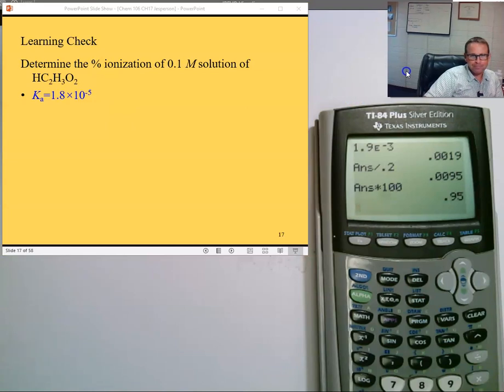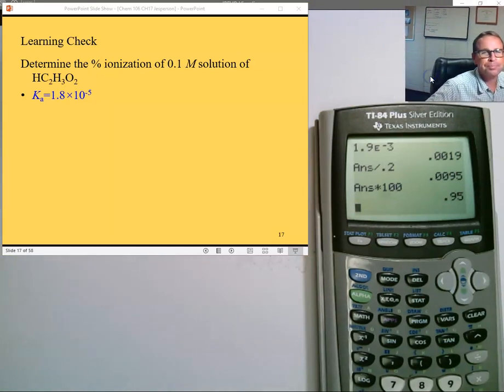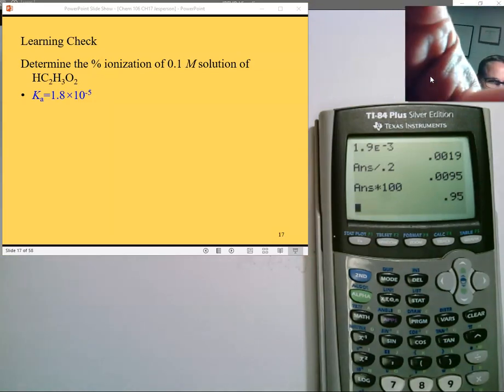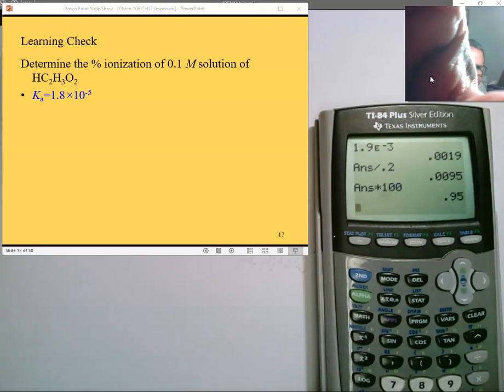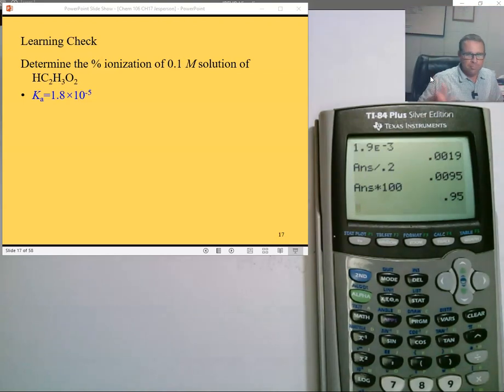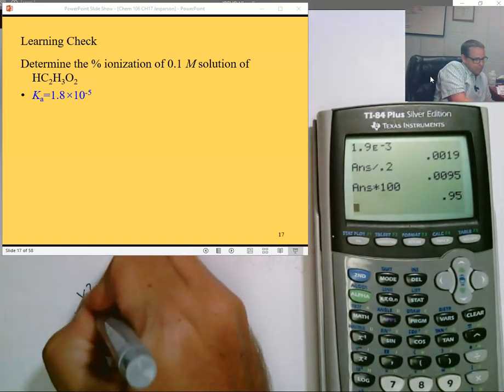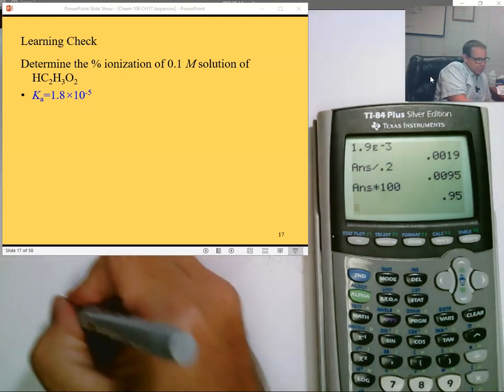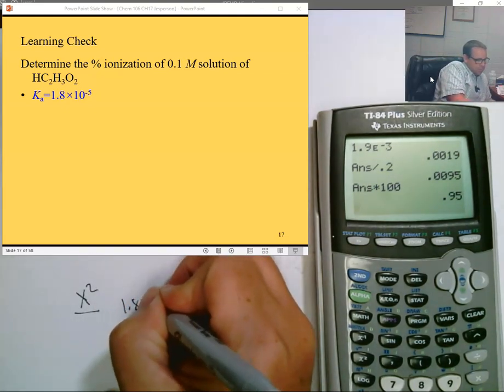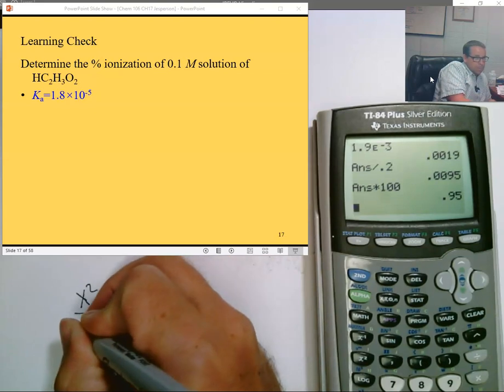Okay. So basically, it's going to be the same equation that we've written out. If you're okay with them, you don't necessarily need to write an ice table. Yeah, absolutely. So we can just do 1.8 times 10 to the negative 5 equals x squared over 0.1.